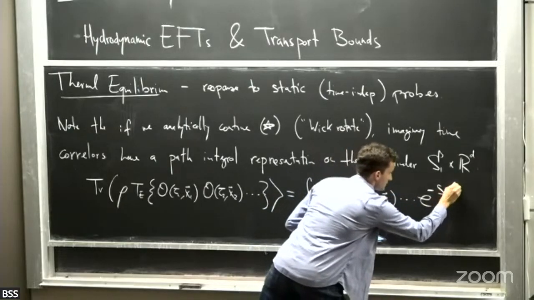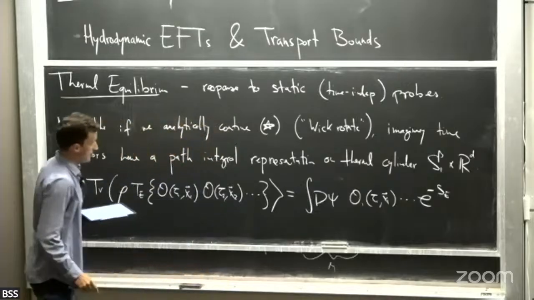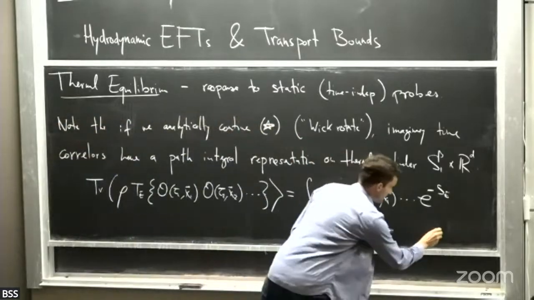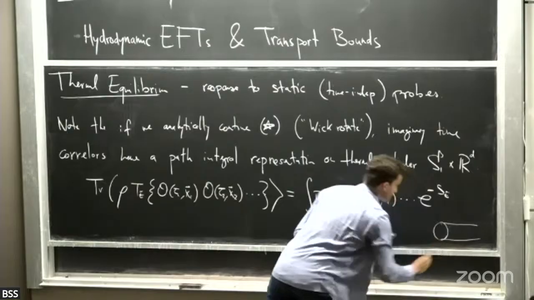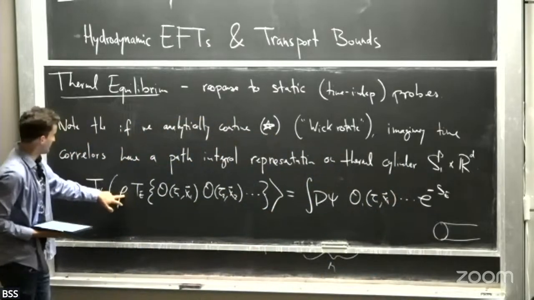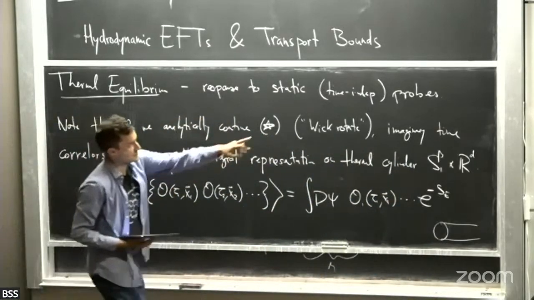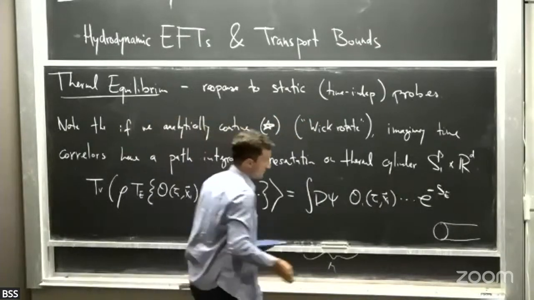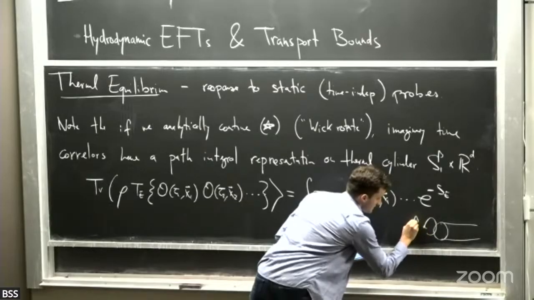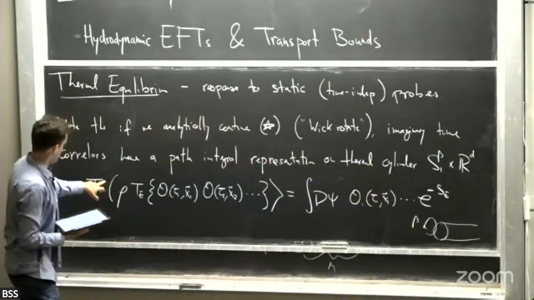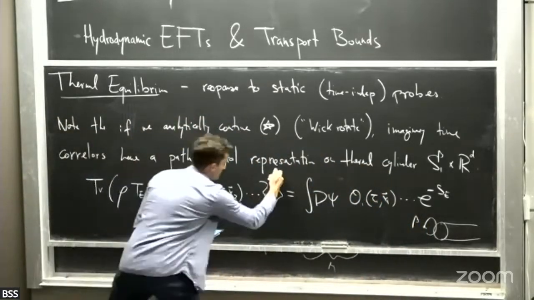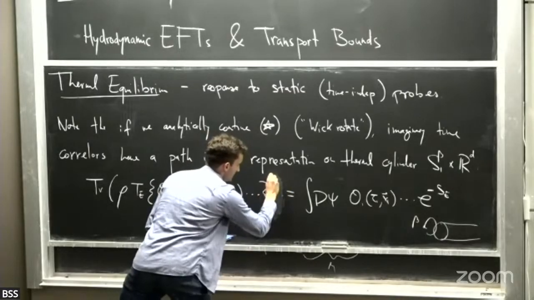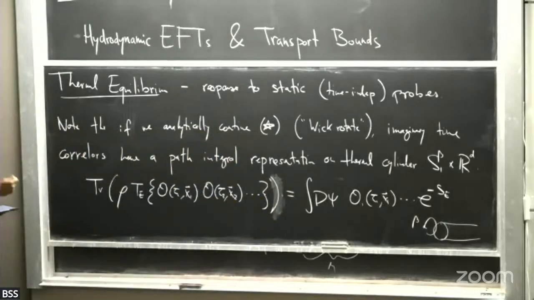with the Euclidean action on the thermal cylinder. The thermal cylinder appears because of this trace. Here we have this thermal density matrix, which is like evolution in imaginary time by i beta. So we have a circle of length beta, and then the trace identifies the fields at both edges, so it imposes periodic boundary conditions for bosons, for example.